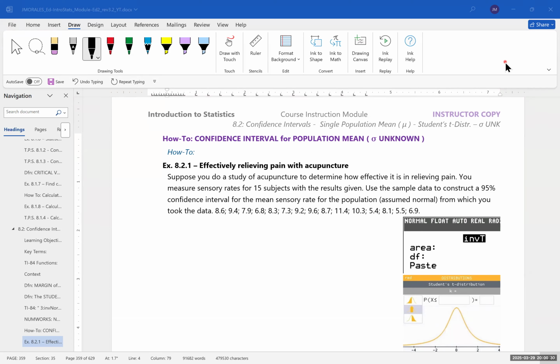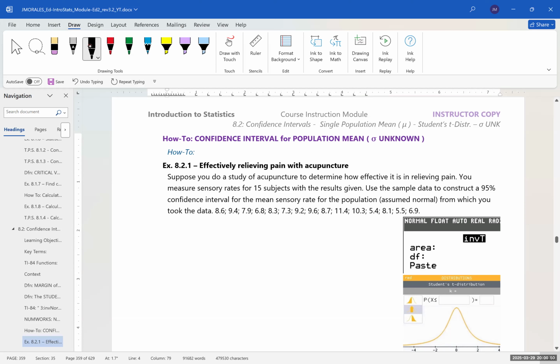We're just going to go through the same process, but tweak it a little bit, because now the population standard deviation is unknown, and we have to use some different calculator functions because we're using a different distribution. We're using the student's t distribution. So let's look at this one.